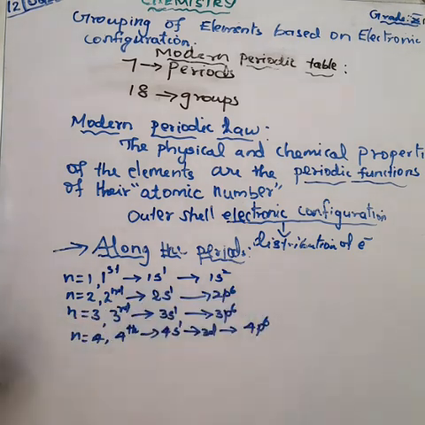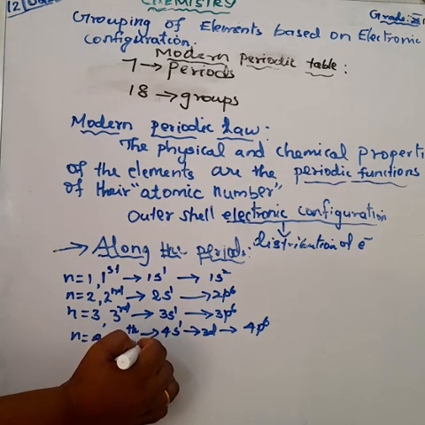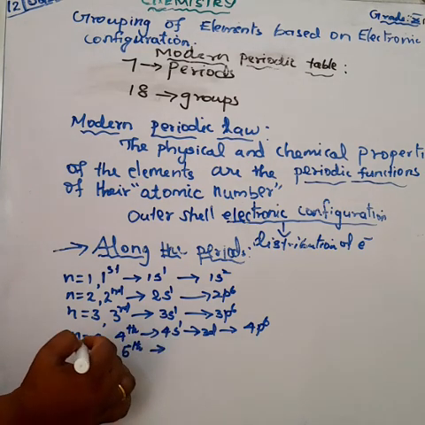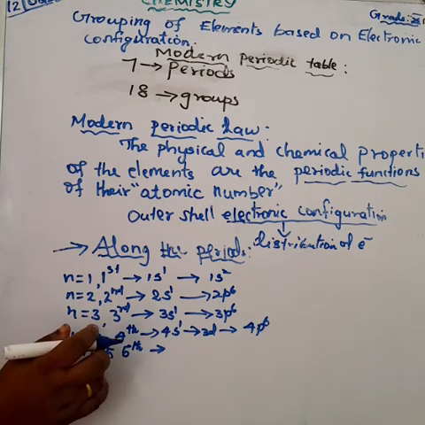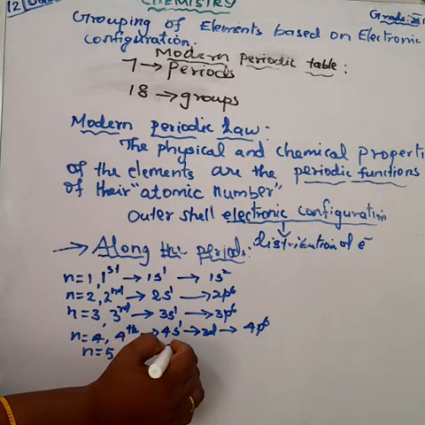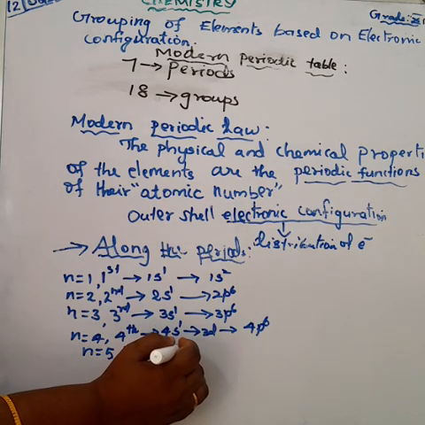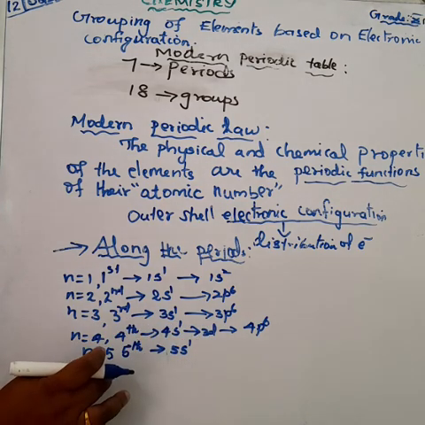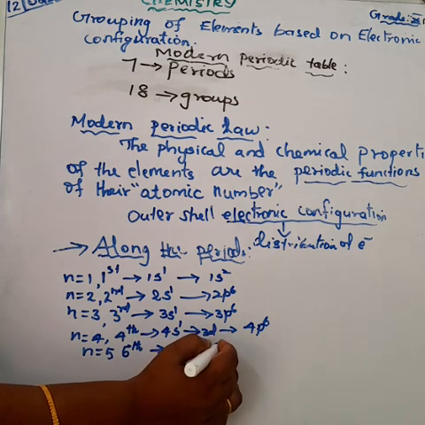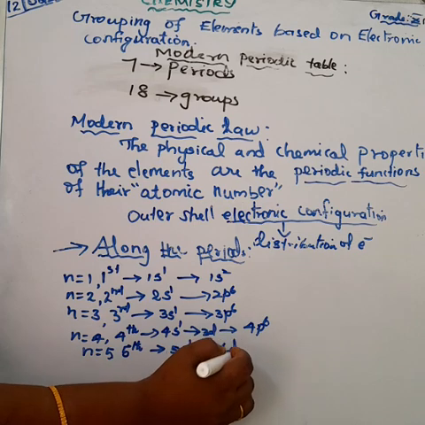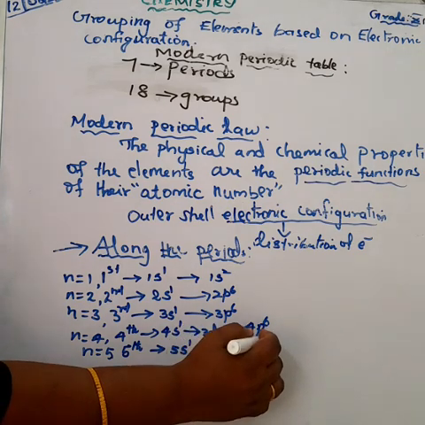And the fifth period, n is equal to 5. Fifth period means when n is equal to 5. It starts from 5s1, followed by 4d, and ends with 5p6.